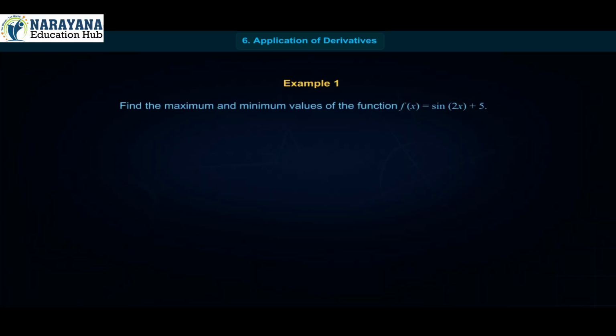Example 1. Find the maximum and minimum values of the function f of x equals sin 2x plus 5. Solution: f of x equals sin 2x plus 5. We know that minus 1 is less than or equal to sin 2x is less than or equal to 1.